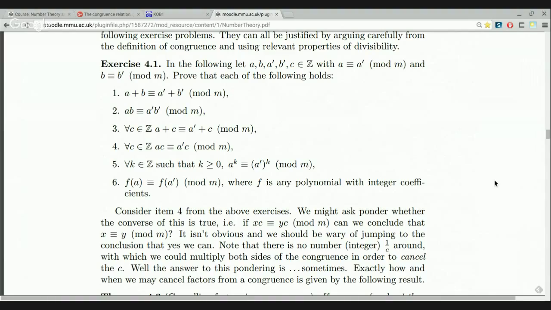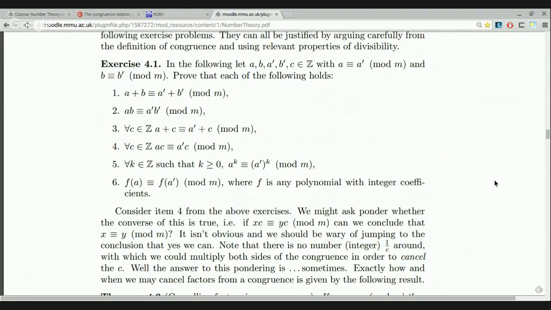So that says that polynomials play well with this relationship of congruence. Now, polynomials are built up out of, when you're evaluating a polynomial, you're multiplying things together and adding them together. So last time we proved, in the setup to these exercises, we have two congruent pairs, a and a prime, and b and b prime.